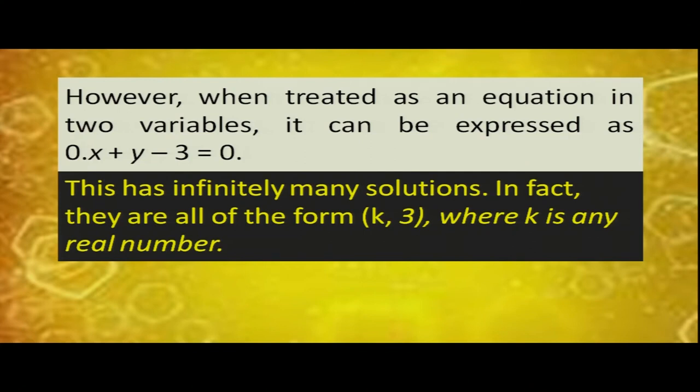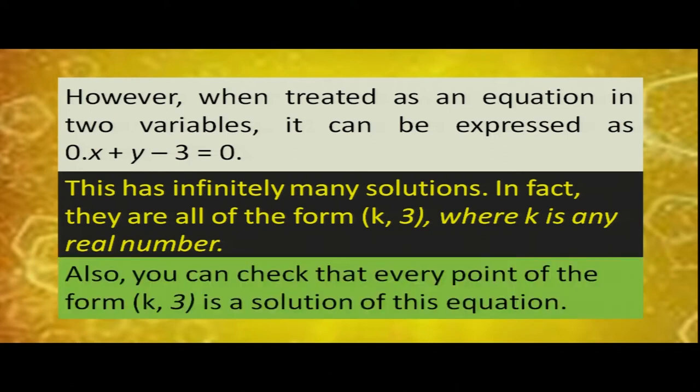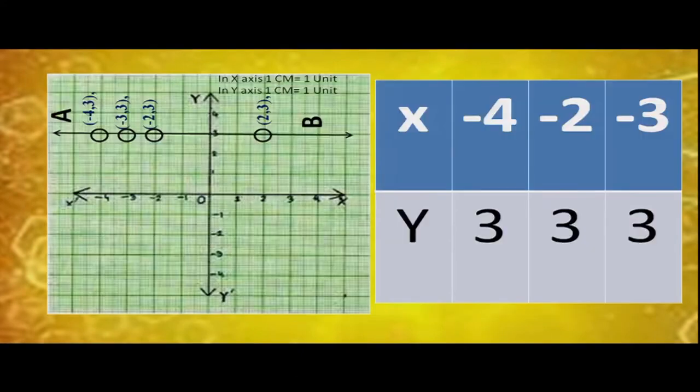As it is an equation in two variables, the solutions can be in the form (k, 3), where k is any real number. Also, we can check that every point of the form (k, 3) is also a solution of this equation.